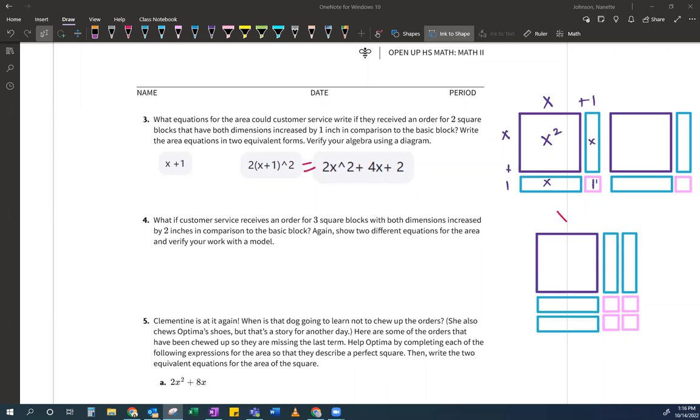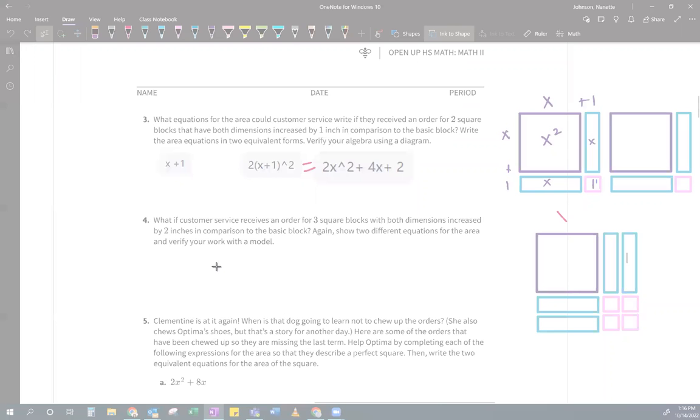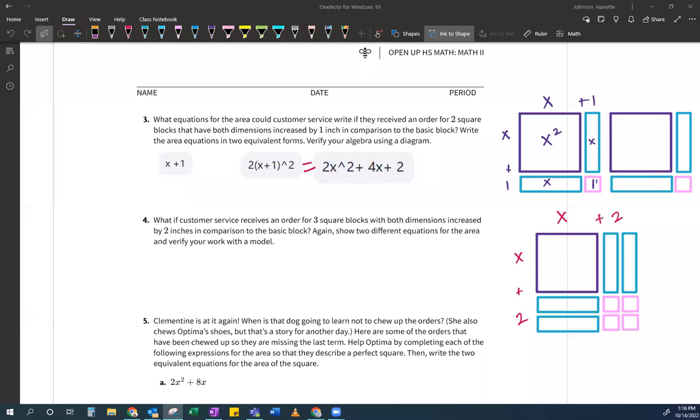Yes, very good. So someone put this in the chat a while ago, and they said like this, Miss Johnson. So check this out. See if you agree with this person. 3 quantity x plus 2 squared. Oh, there's 3 of them. I agree. X plus 2 squared.